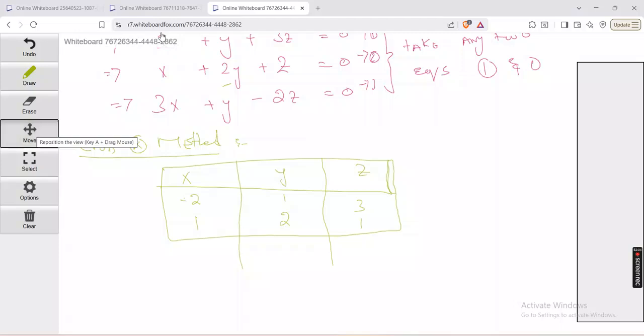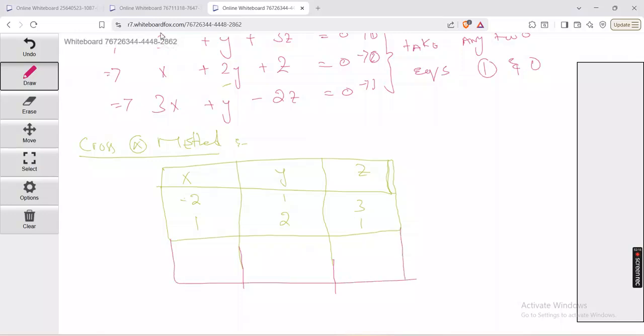When you want to find the value for x, how will you do it? Once you want to find the value for x, you will hide x. I mean, let's say put your hand on x. What is left? 1, 3, 2, 1.